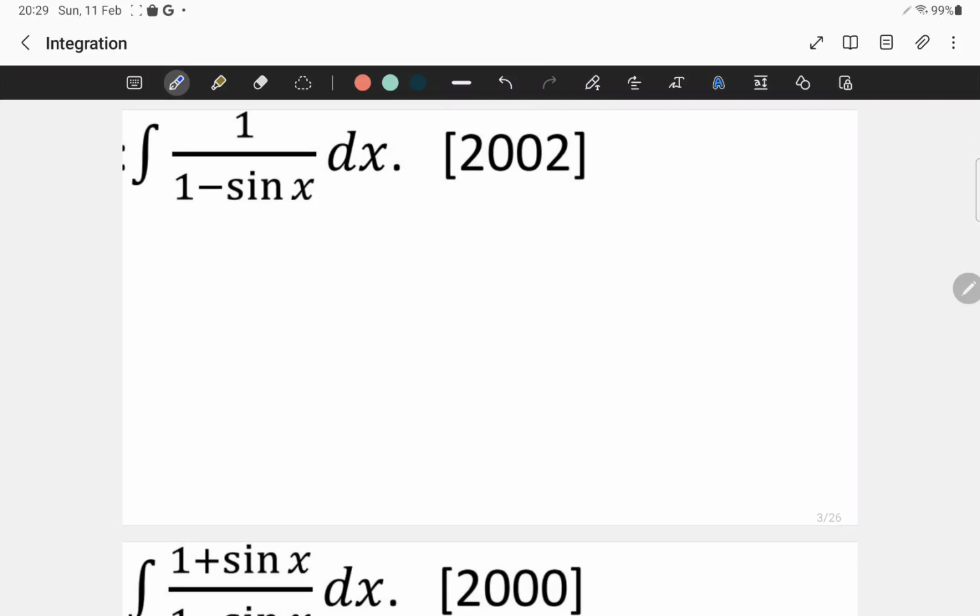Integration 1 over 1 minus sin x. So for this problem, if we remember, we know 1 minus sin square x equals cos square x. I have 1 minus sin x.